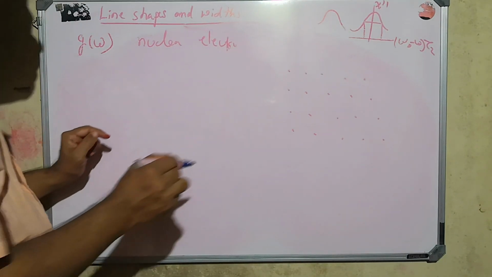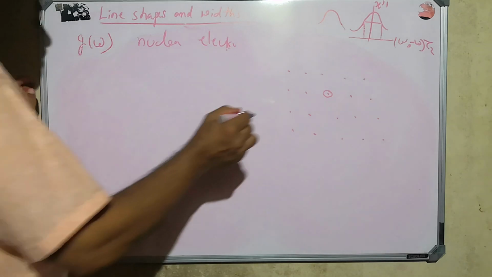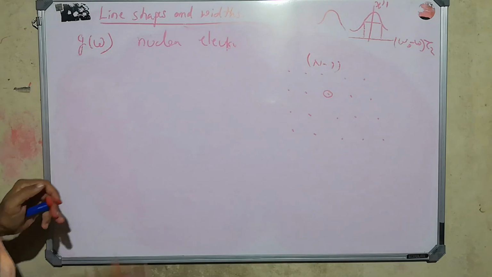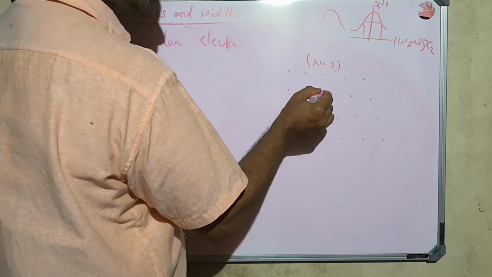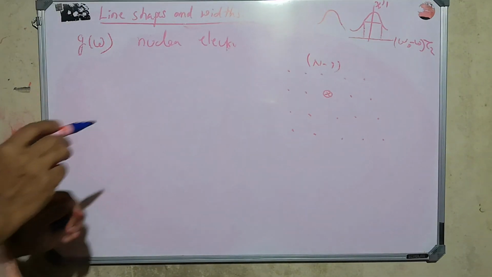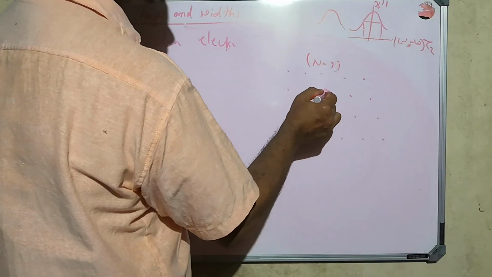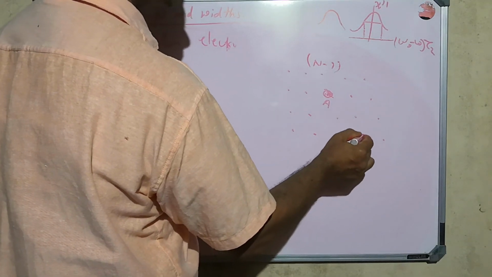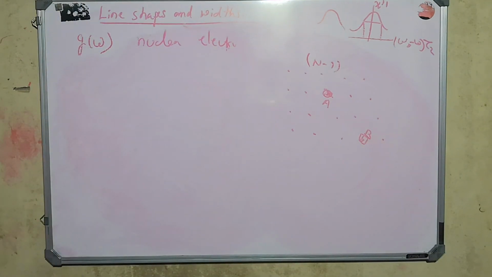When you consider one dipole, it experiences the magnetic field from the remaining n minus 1 dipoles. The magnetic field experienced by this is called the local field, which we have already discussed. The local field experienced by dipole A is not equal to the local field experienced by dipole B. Different dipoles experience different amounts of local field.